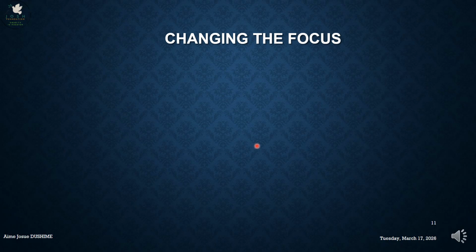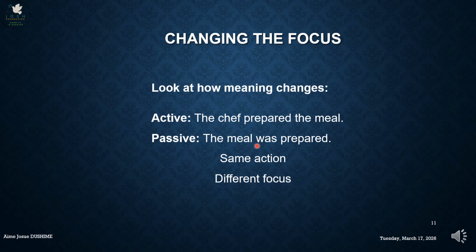How do we change the focus? Let's look at this. The chef prepared the meal. The meal was prepared. It is just the same action, but with a different focus.